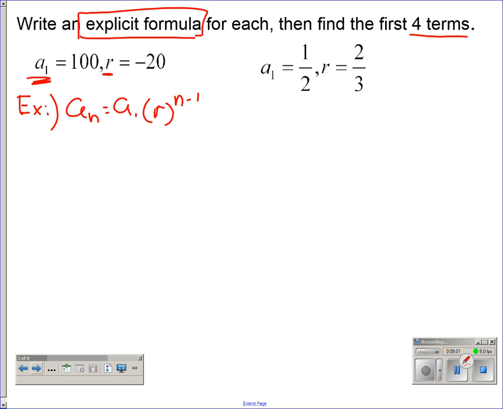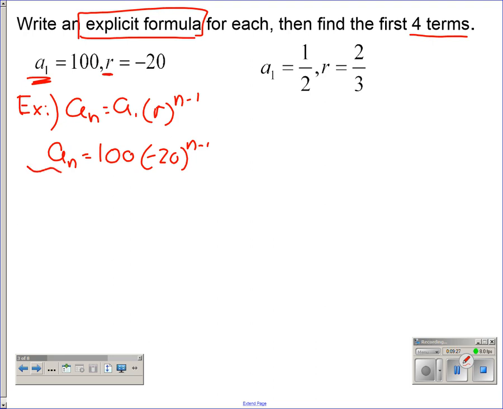And explicit is in terms of n. So in this case, our explicit would be a sub n equals my first term, which is 100, times my rate, which is negative 20, to the n minus 1. That's the formula that would tell me the value of any nth term.